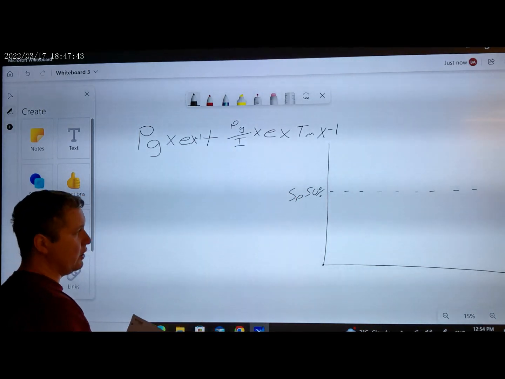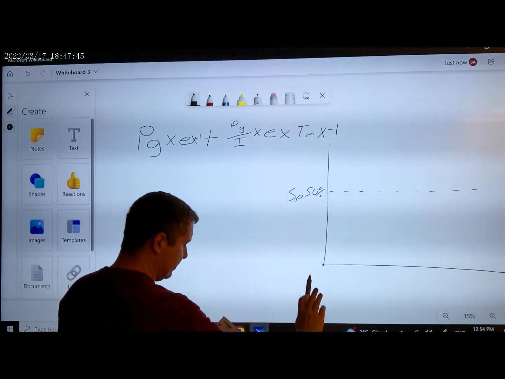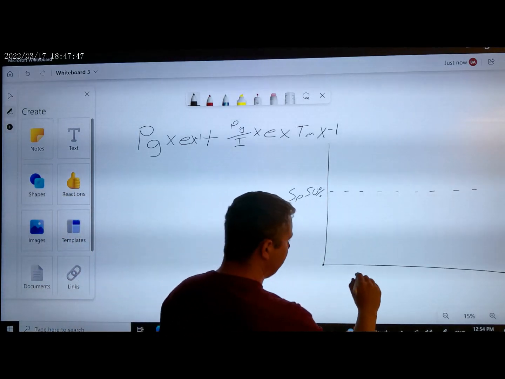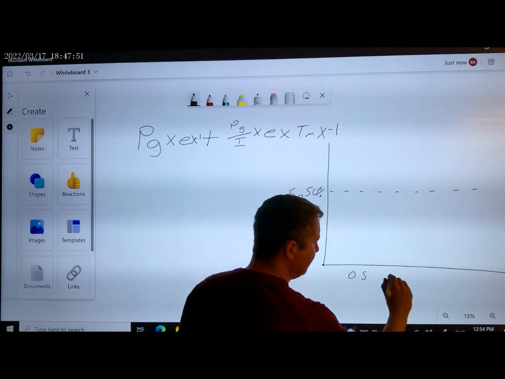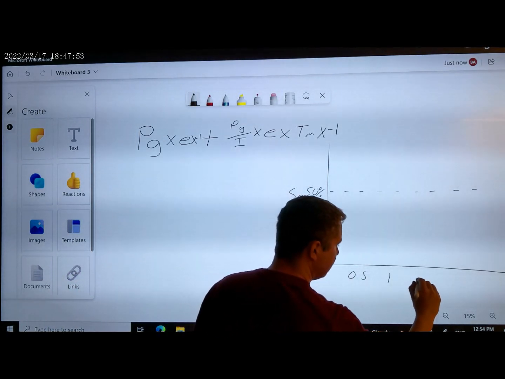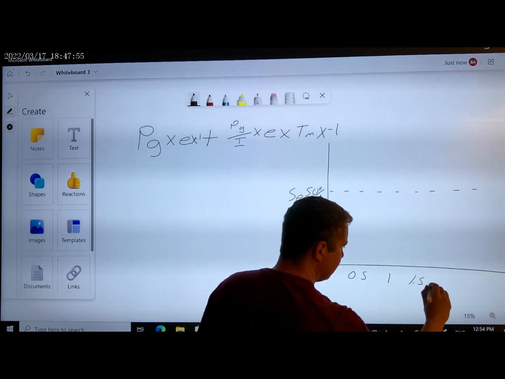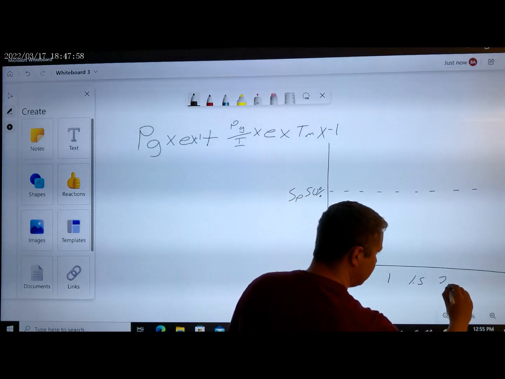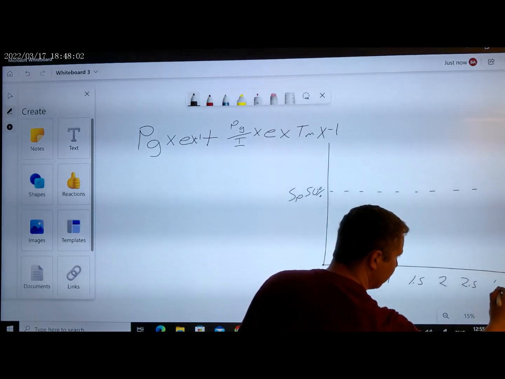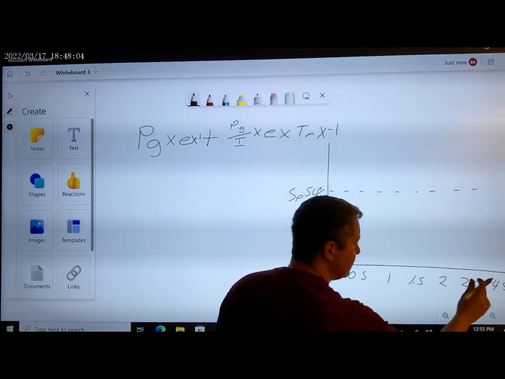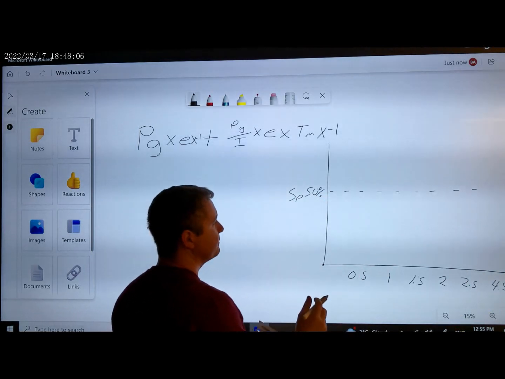We are going to start at time equals 0, and then we are going to go in half-a-minute intervals, 1.5, 2, 2.5, and then we're going to jump 2 minutes at the end.